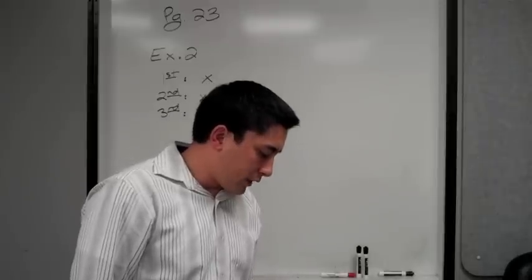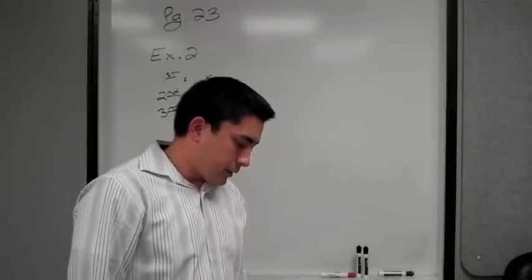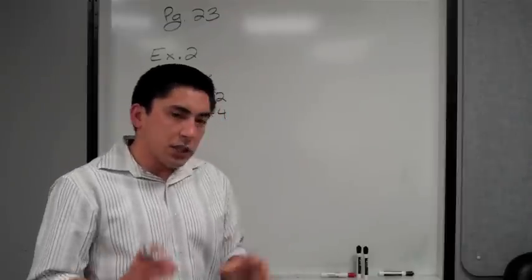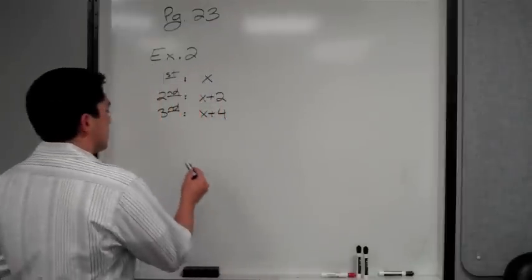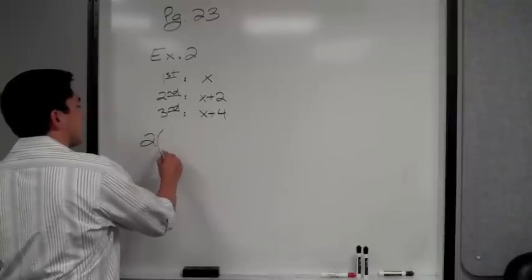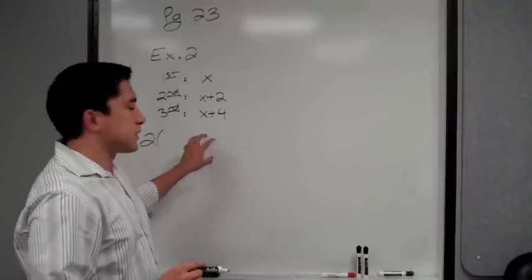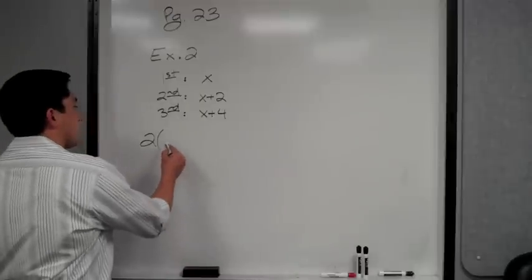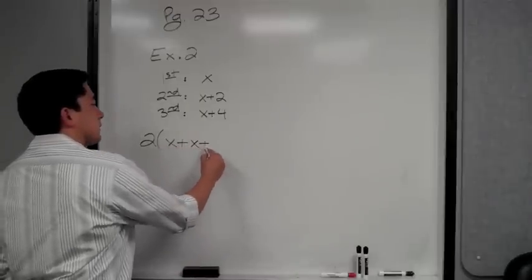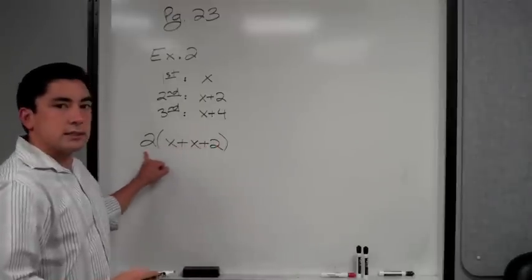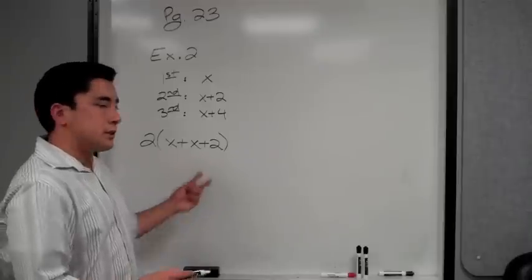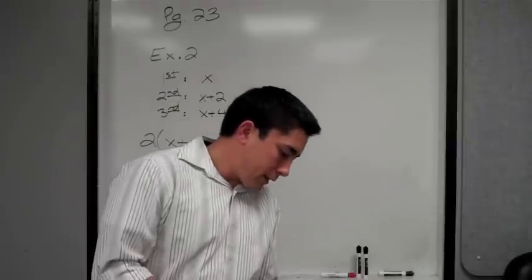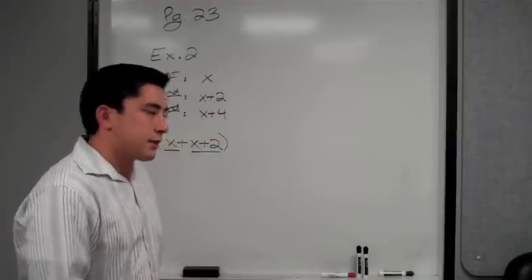Our equation says, find 3 consecutive odd integers such that twice the sum of the first 2 integers. So twice the sum, so 2 times 2 terms that will be added. The sum means added. So we're going to add the first and second integer, so we're going to say x plus x plus 2. Twice the sum of the first 2 integers. Decreased by the third.